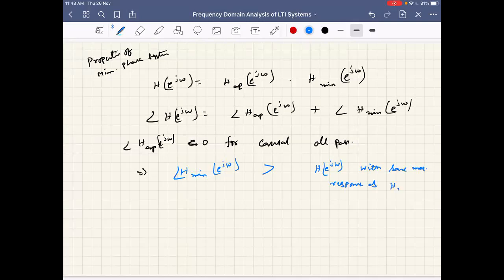So among all the systems having the same magnitude response, the minimum phase system has the maximum phase or minimum phase lag. Phase lag means phase in the negative direction. Maximum phase means the phase being higher indicates that the phase lag is less, so in some sense it implies minimum phase lag.